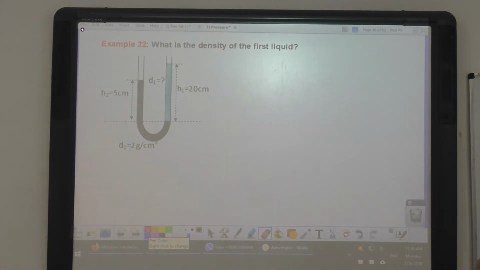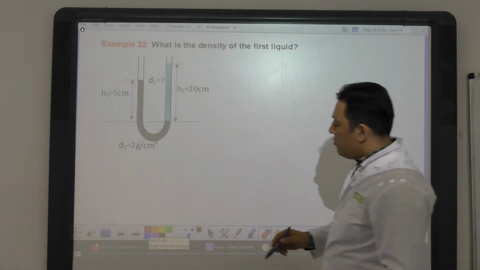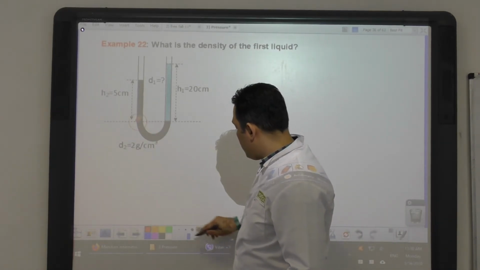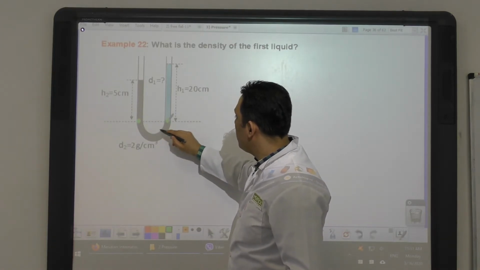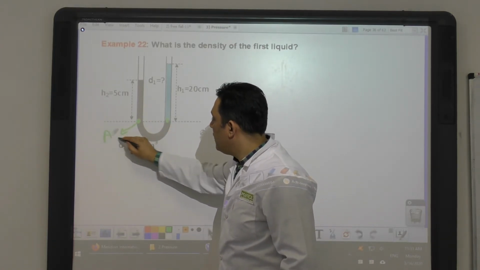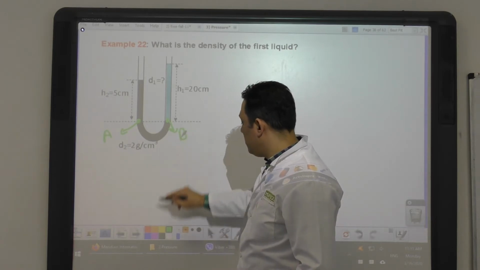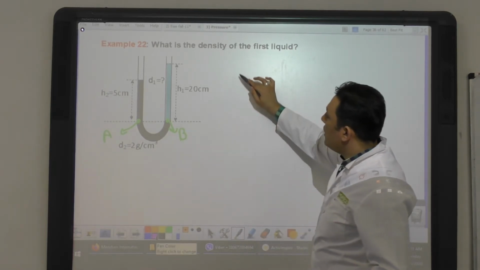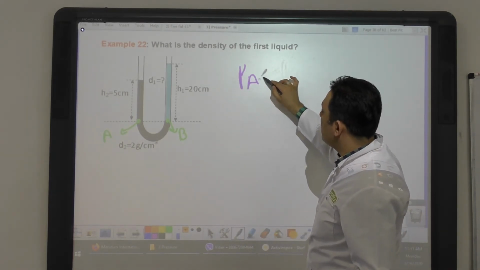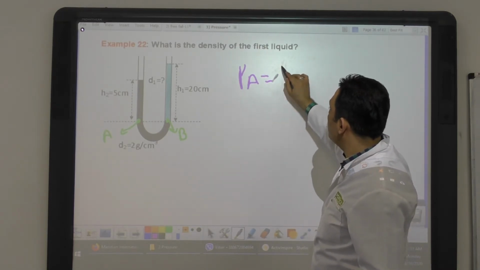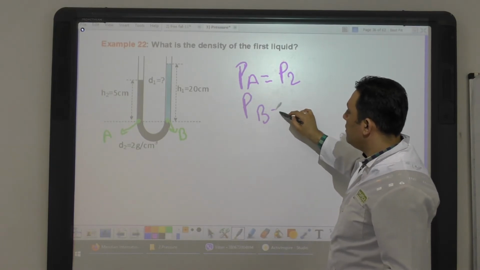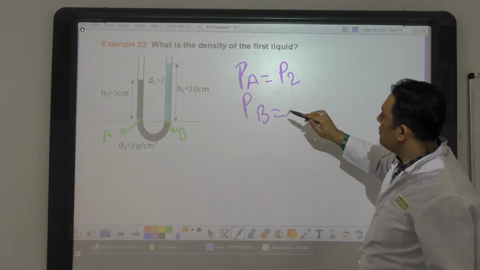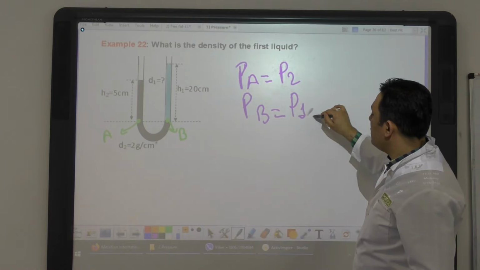Now, let's see an example here. What's the density of the first liquid if the pressures are the same at these points? This is point A, and here is point B. Let's calculate it. At point A, there is only the pressure caused by the second liquid, and at point B, the liquid pressure caused by P1.